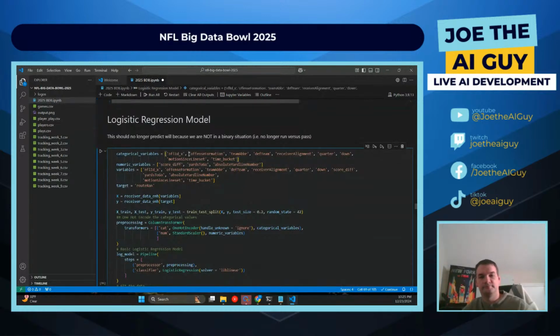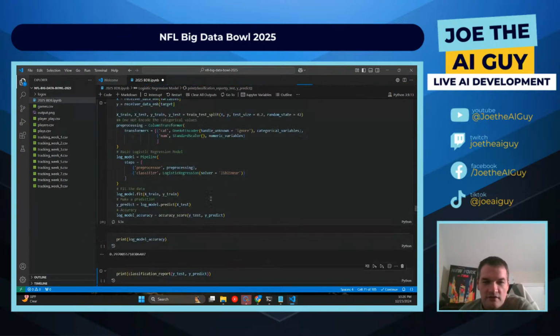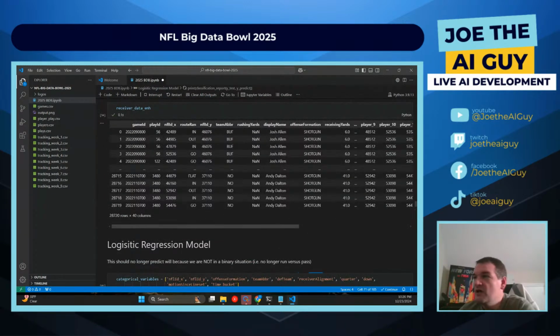The reason why I can quickly throw this in here is it shouldn't take too long for this to come back. Remember, we're at 29.7%, but just knowing who the quarterback is should be helpful to that model.